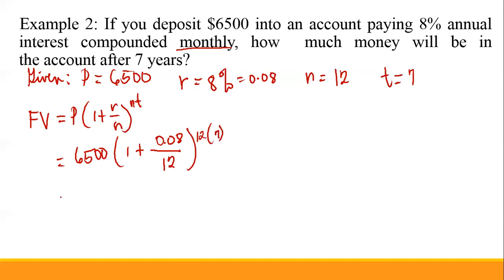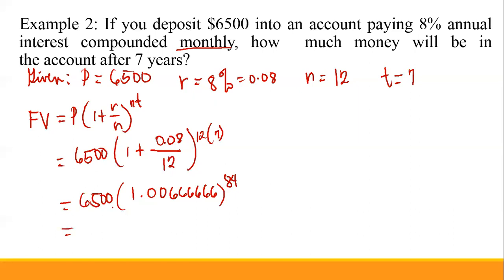So this is now equal to 6,500 times 1.0066666, raised to 84. Okay? Yeah, 12 times 7 is 84.